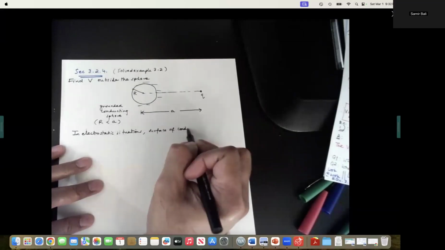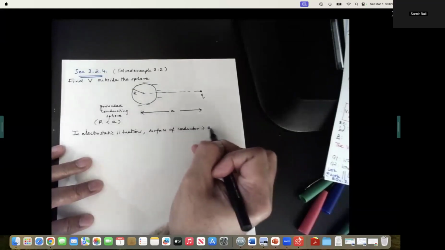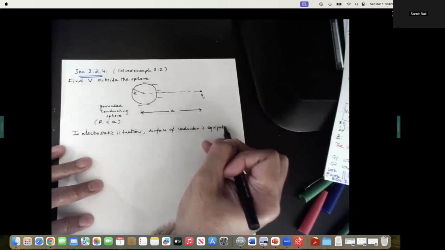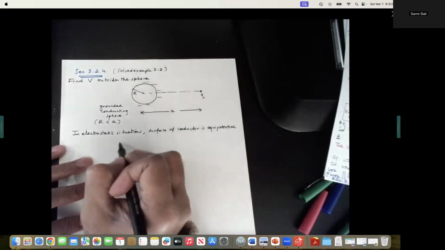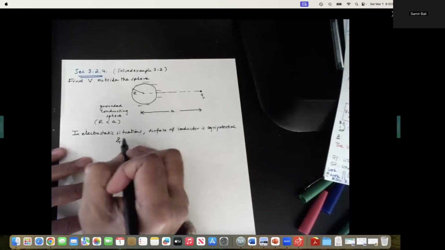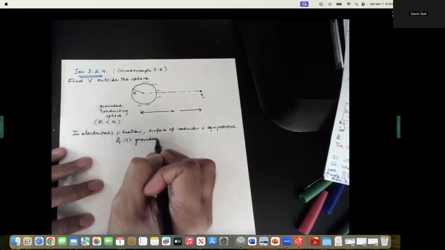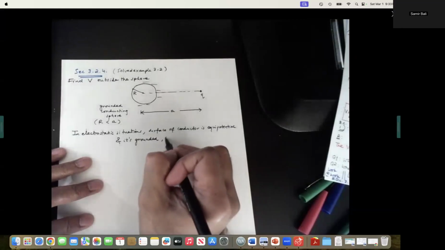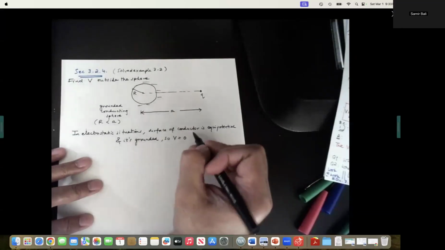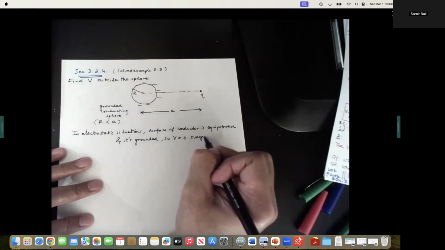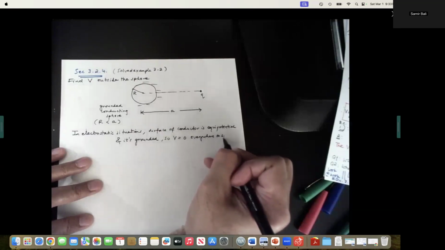This is what we used in the previous problem also. And it's grounded in this case. So V equals 0 everywhere on the sphere.